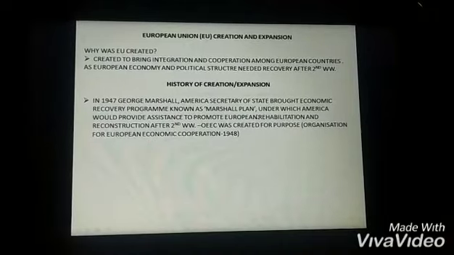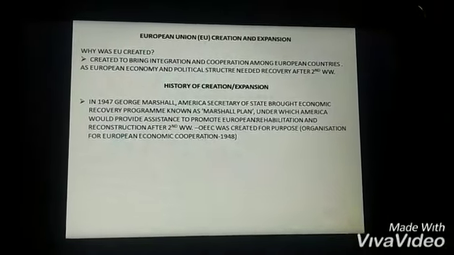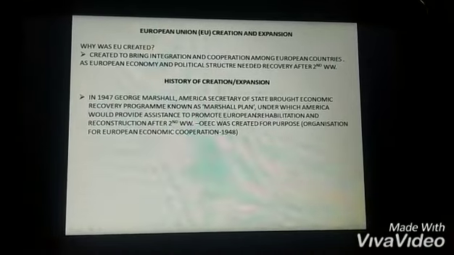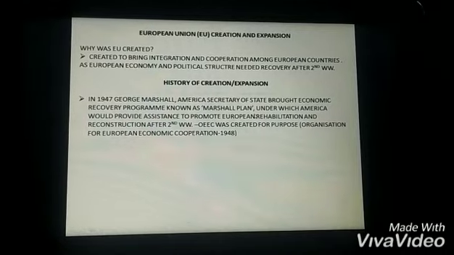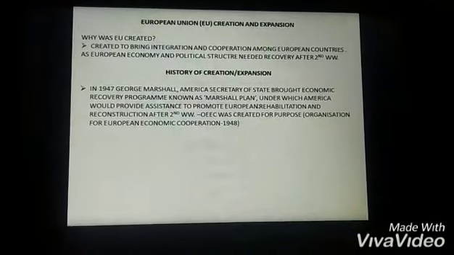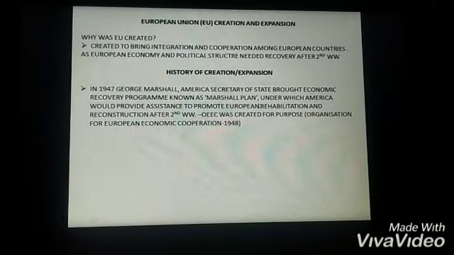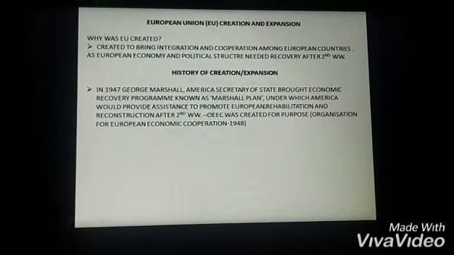So, with that in mind, OEEC was created for the purpose. That was the full form Organization for European Economic Cooperation in 1948. So, that was the first step, which led to the creation of EU in the later years.